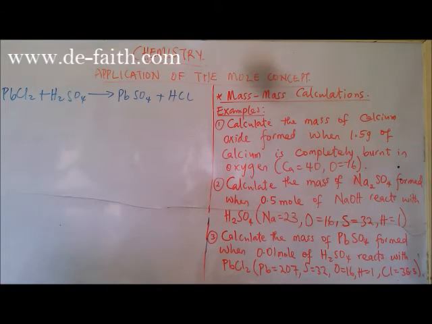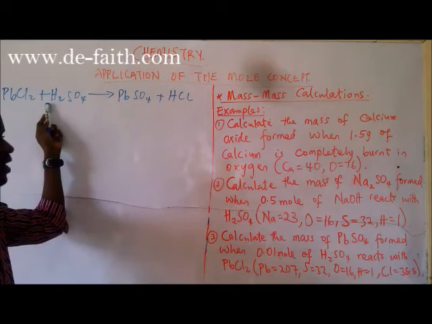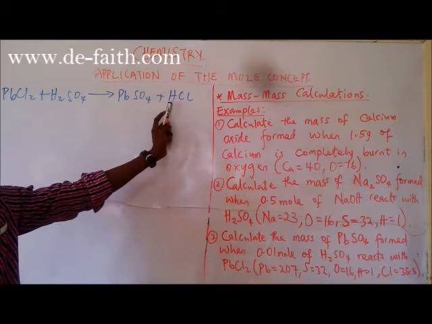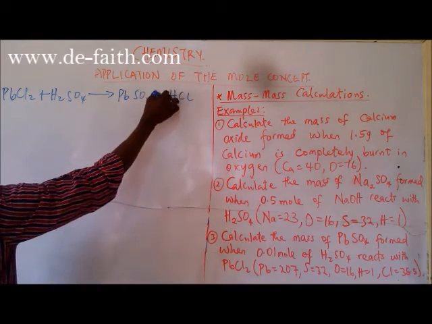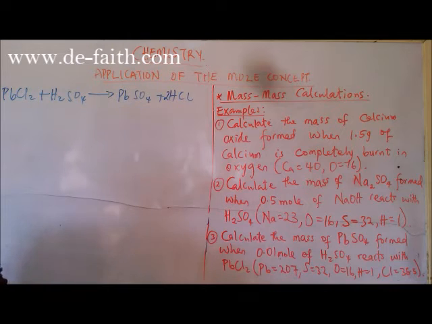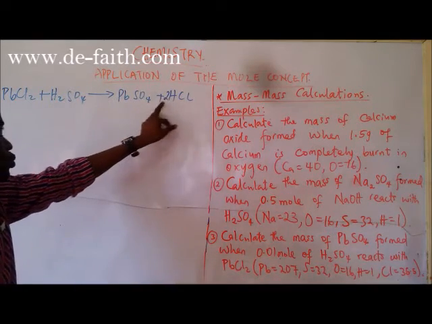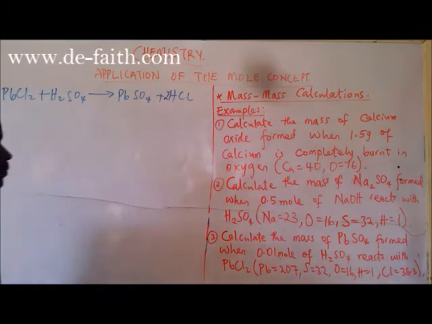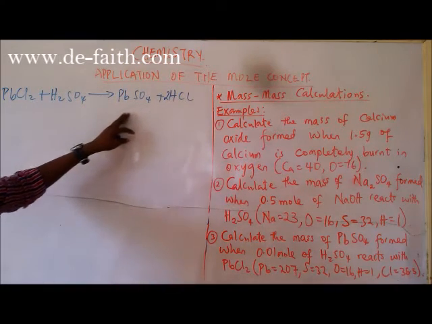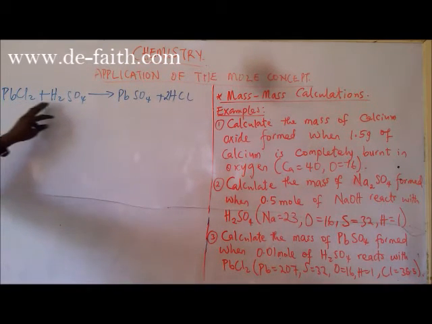We need to check if our equation is balanced. From here it is not balanced because we have 2 atoms of hydrogen here and hydrogen is still 1 here. We put 2 here and now it's balanced because we have 2 of hydrogen here, chlorine is 2 and here it is also 2.